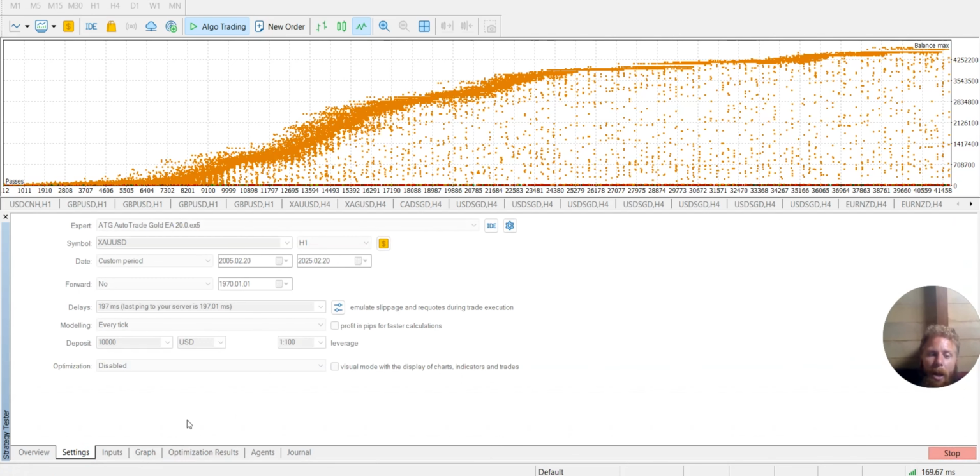Let's do an every tick data test to show you how much it is worth when you can optimize with open prices only, because even just one test with every tick is going to take a huge amount of time. So when you can test and optimize with open prices only, it's so much better.